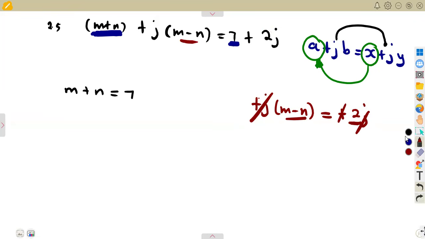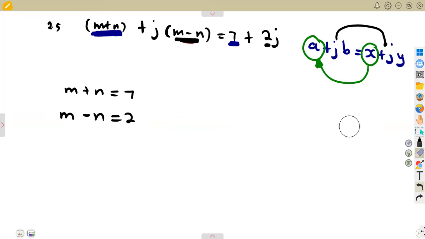You can just take it straight, because this part is positive and this part is also positive. So m minus n is equal to 2. This is what our rectangular form is giving us.